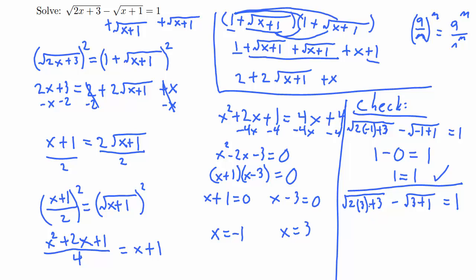Well, it's 6. 6 plus 3 is 9, and the square root of 9 is 3. 3 plus 1 is 4, and the square root of 4 is 2. So we're left with 3 minus 2 equals 1. And again, does 1 equal 1? Fantastic. Yes. Therefore, both of these are in fact solutions. Therefore, our solution set is going to be -1 and 3.